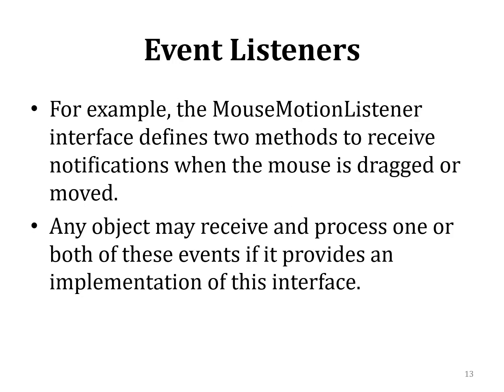If you talk about an example of event listeners, the mouse listener interface defines two methods to receive notification when the mouse is dragged or moved. Any object which may receive and process one or both of these events will provide an implementation of the interface. So first is the registration and second is the implementation.